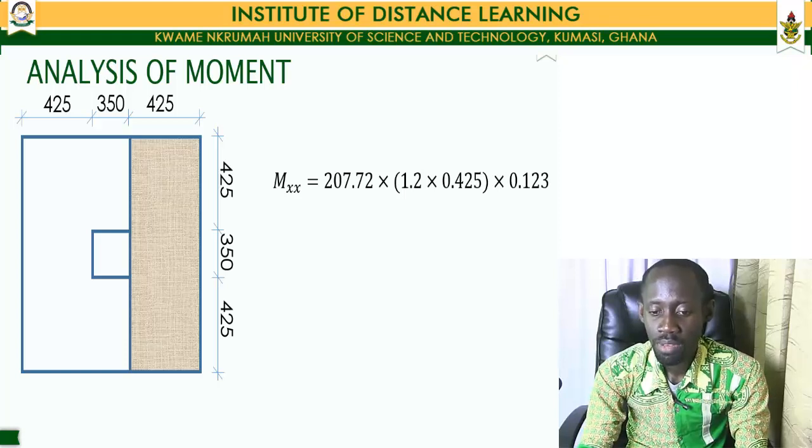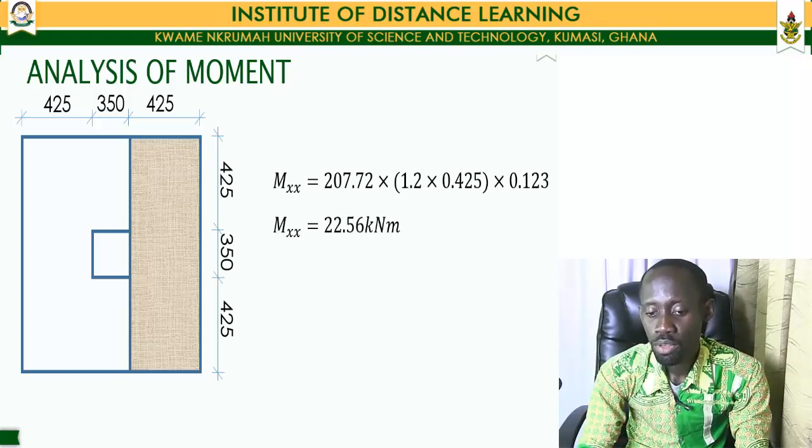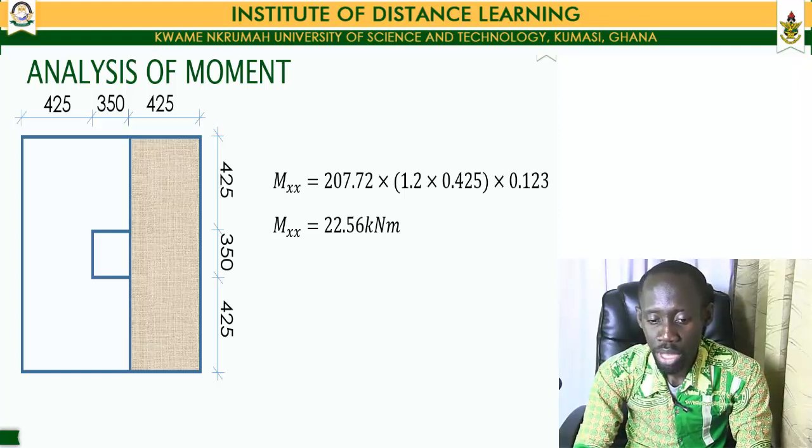Hence, having our moment value being equals to 207.72 multiplied by 1.2 multiplied by 0.425 and 0.123. Now, finding the product of this would give us a value of 22.56 kilonewton meter. Hence, the moment at the face of our column is equals to 22.56 kilonewton meters.